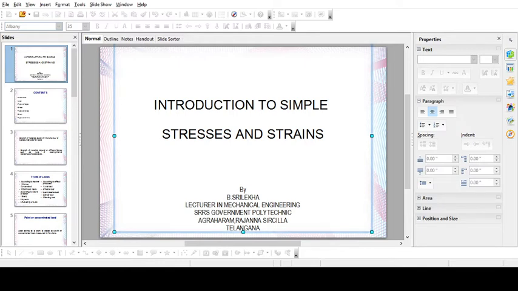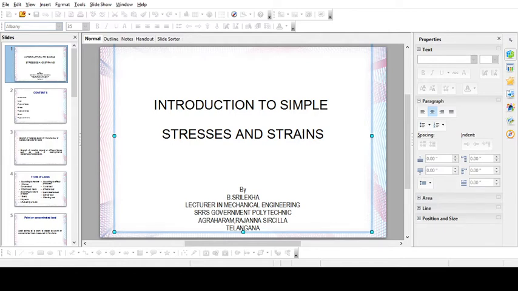Now, if I write it in bookish language, the internal resistance or internal force per unit area of cross section is called stress. For this, the symbol is sigma. The units of stress are Newton per meter square or Newton per mm square or simply Pascal.